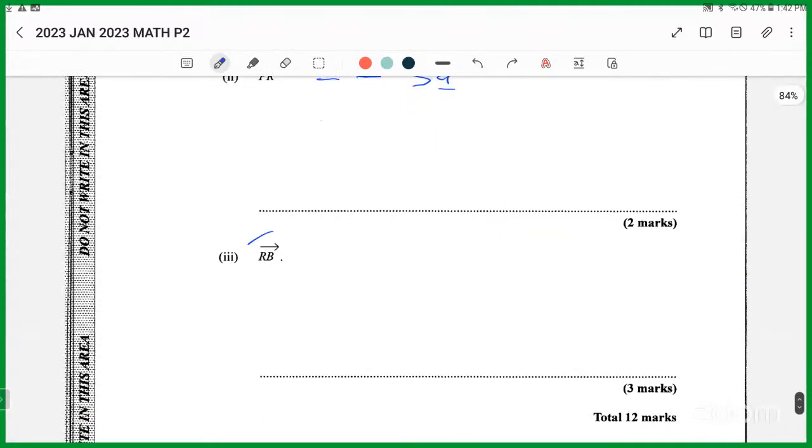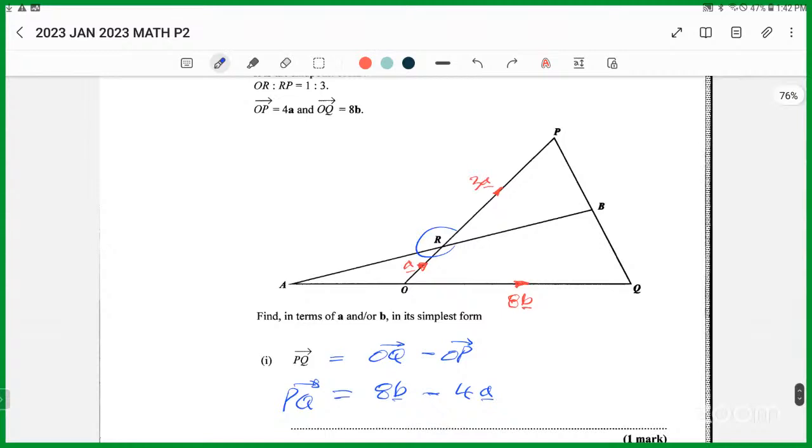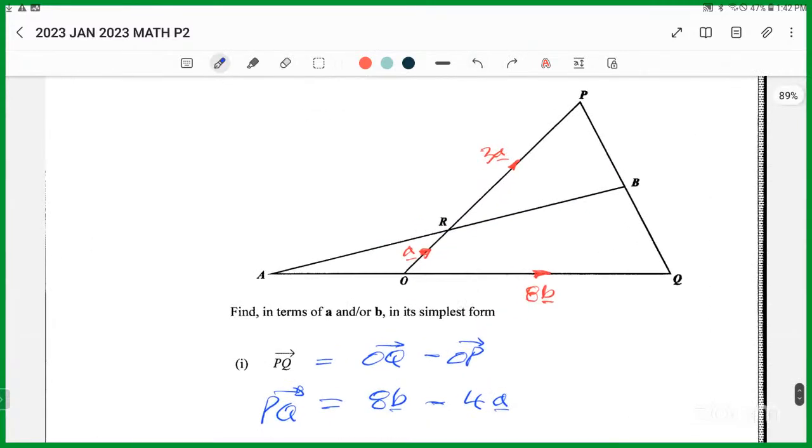On RB. RP is this vector, so we can go from R to B by going R to P and then P to B, where the PB right here is half of the PQ. We know PQ already. We're going to use that.